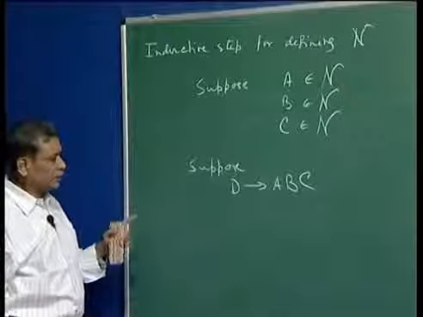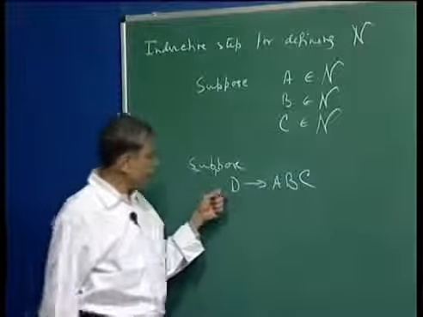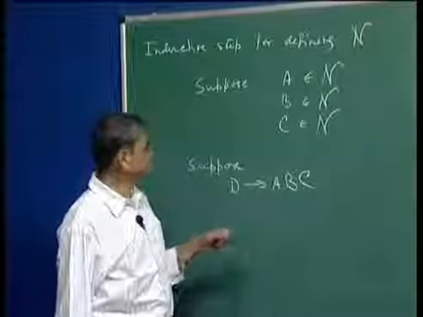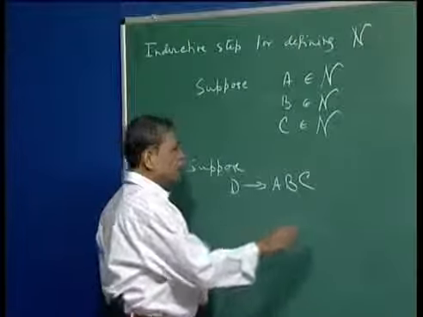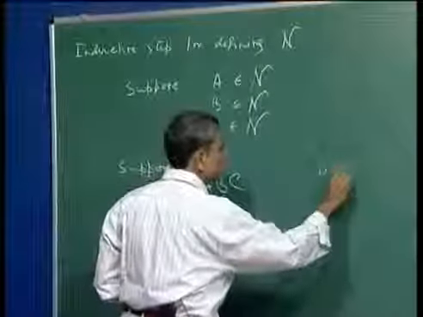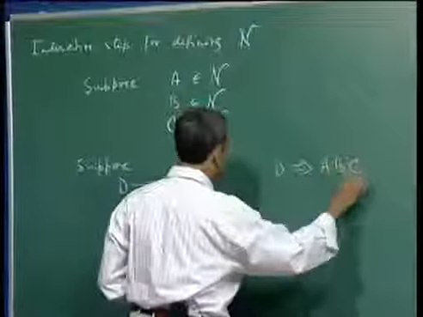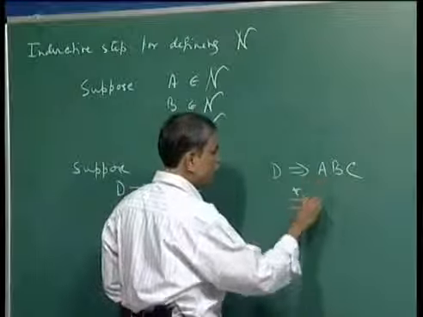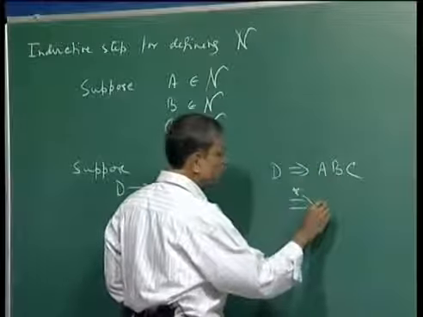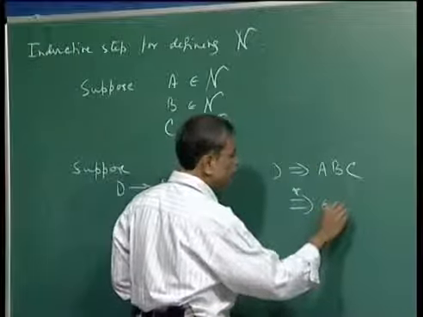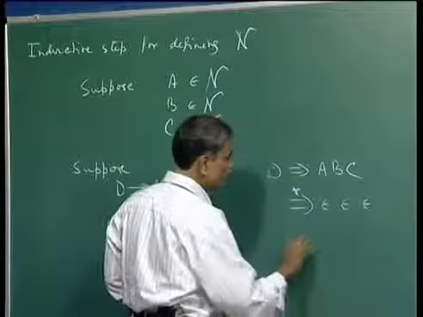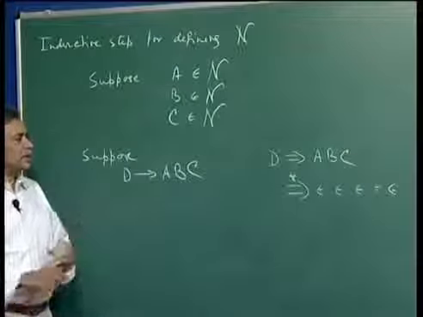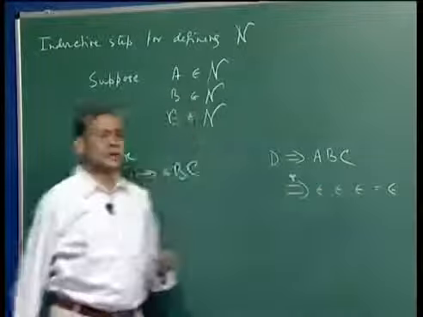Then you can see clearly that because A is in the set of nullable symbols that you have already defined, I can start a derivation like this: D goes to A B. I use this production to get this, and after use of some productions, A will go to epsilon, and then B also will go to epsilon, C also will go to epsilon. Therefore, D can eventually generate the string epsilon.